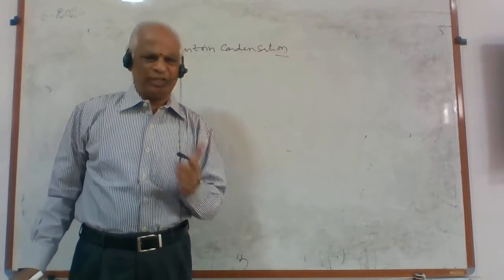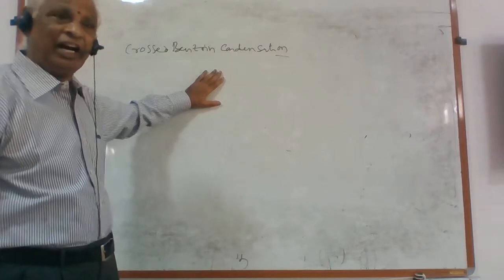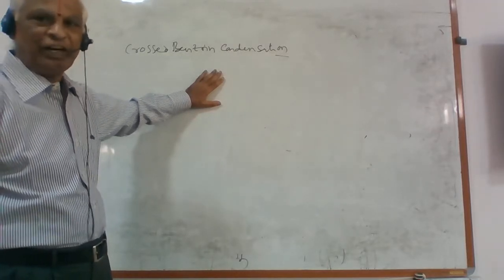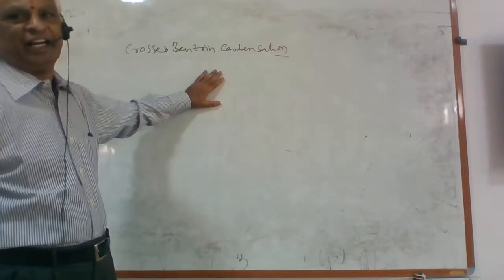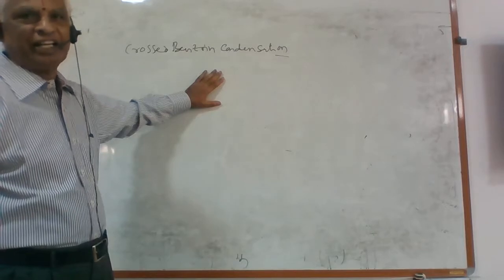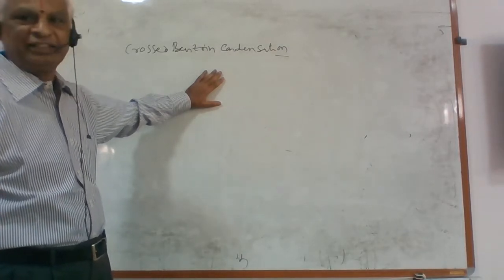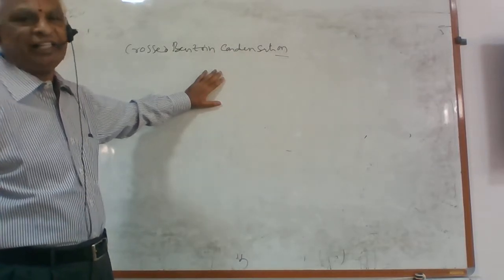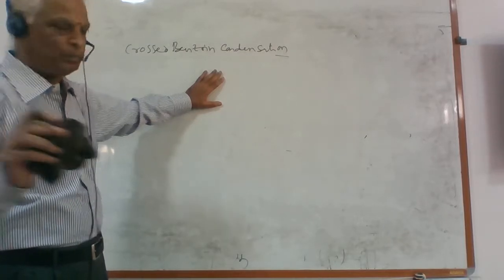So the reaction is going on. If I do the reaction with para-nitrobenzaldehyde and benzaldehyde, para-nitrobenzaldehyde cannot form any benzoin even when you treat it with benzaldehyde. That means you cannot expect a mixed or crossed benzoin condensation reaction when you use para-nitrobenzaldehyde and any other aldehyde. But with para-dimethylaminobenzaldehyde, there is a possibility.